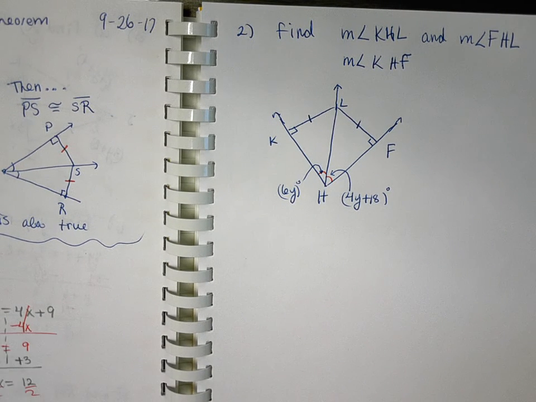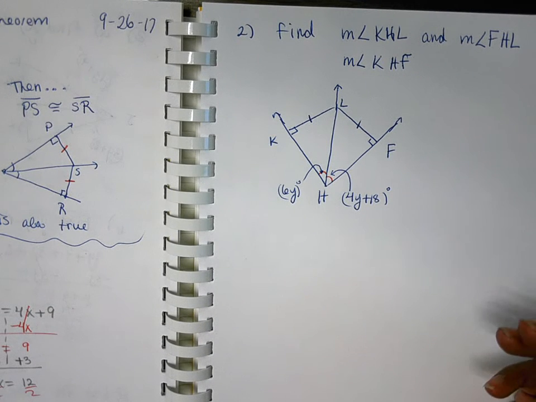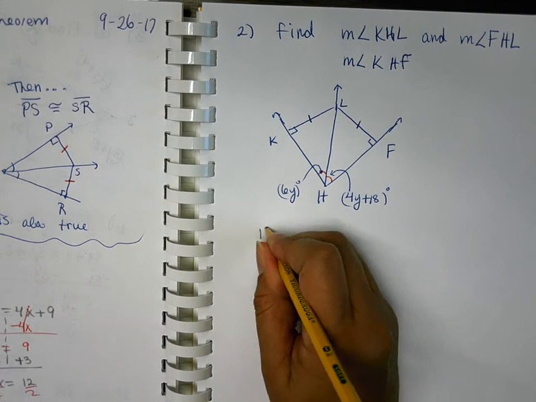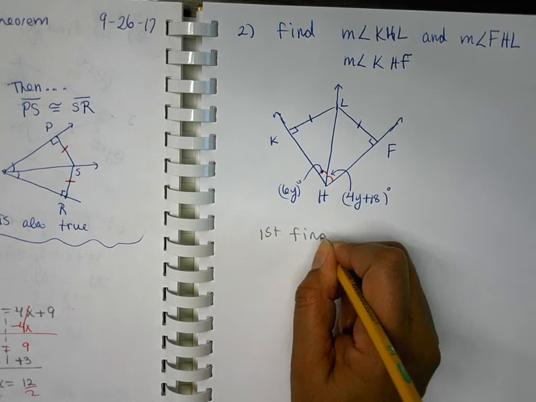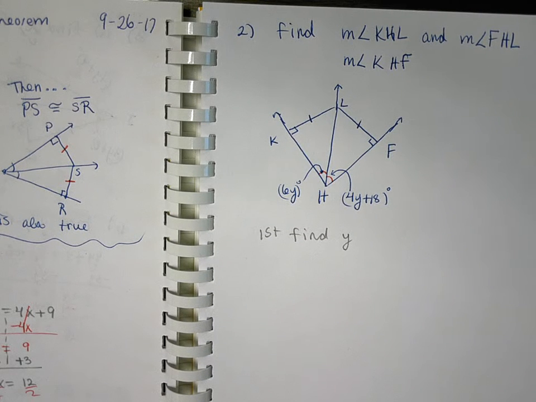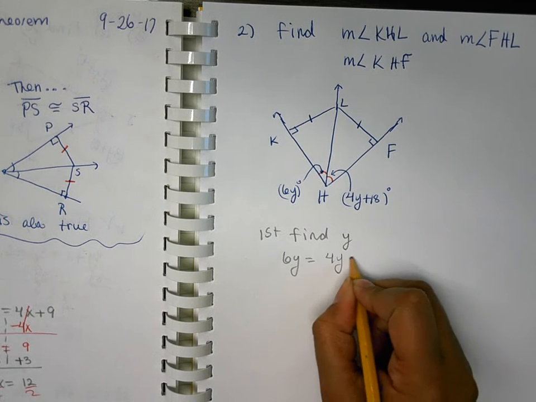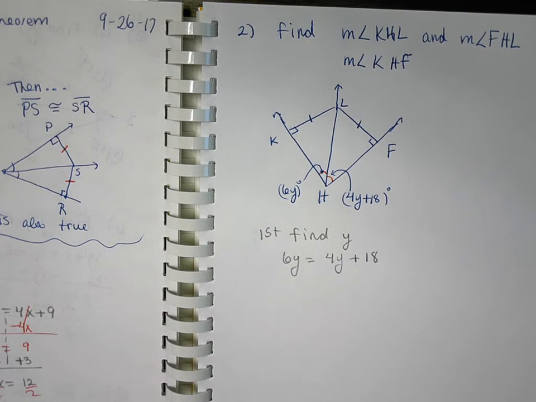All right, so if they're asking for all these angles, what do I have to do first? What do I have to first find? Y. Do you agree we have to find y first? So that'll be what? 6y equals 4y plus 18. I'm going to let you guys solve that now.